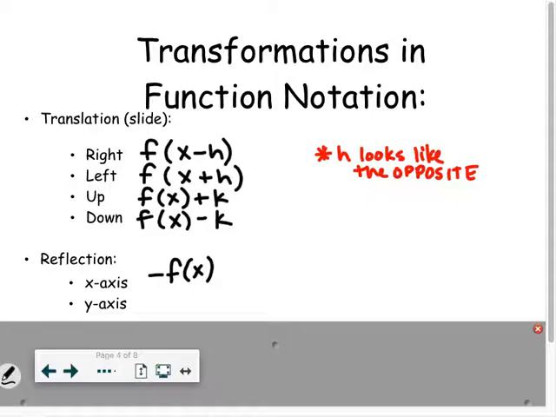If I were to reflect a single point 3, 2 over the y-axis, my new ordered pair is negative 3, 2. So the only thing that changes in that reflection is x. So instead of saying negative f of x, which is the opposite y, and makes us flip over, we're going to do f of negative x.